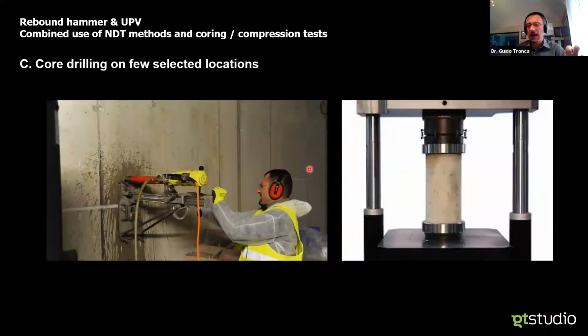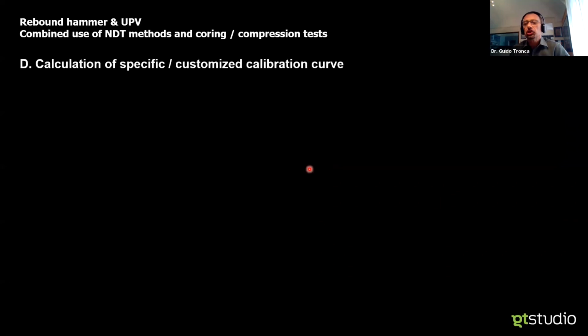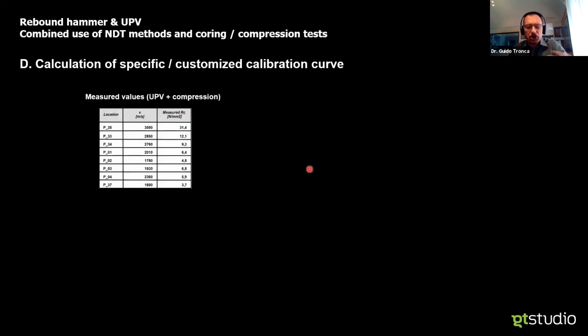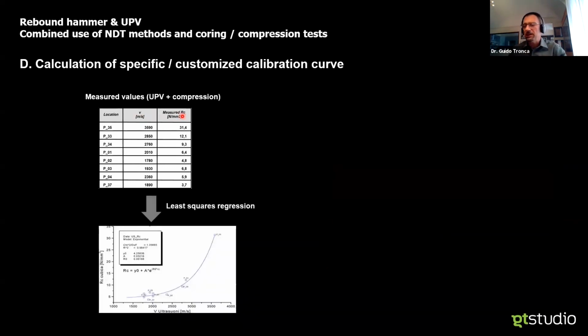I will go on site, I will prescribe a very limited number of direct samples, and I will have the tools. Now this is just a generic chart, but if I have some pairs of locations where both the non-destructive and the destructive parameter are measured, then I can go to the easiest sheet that I can find and obtain a given regression curve.